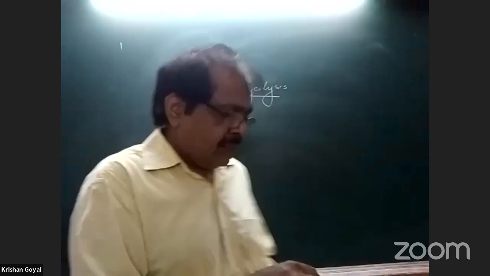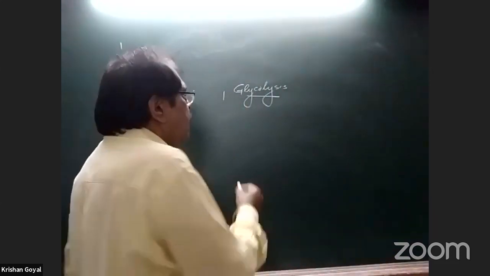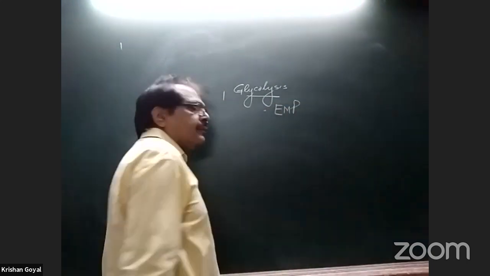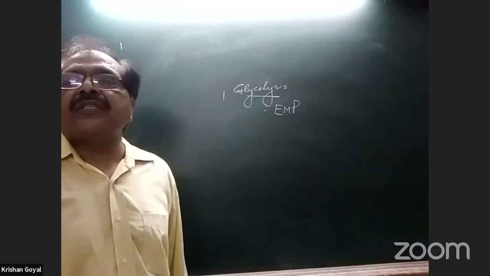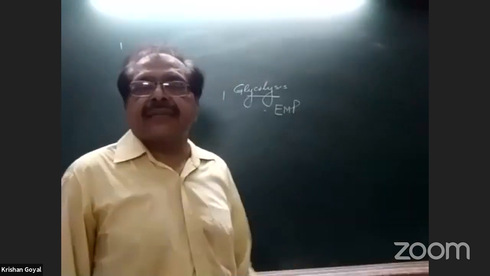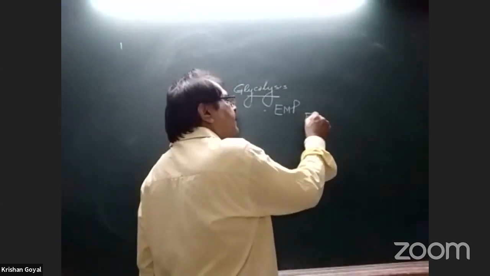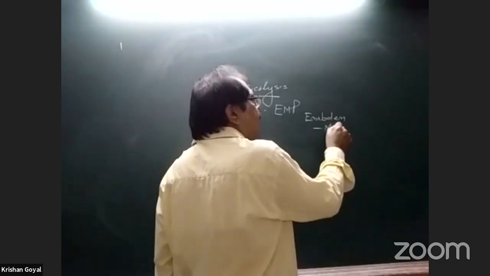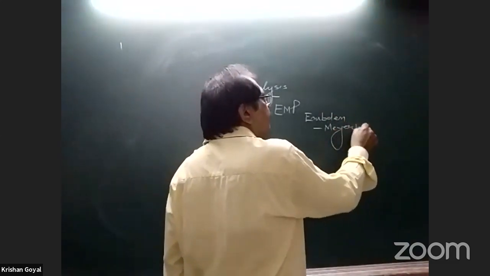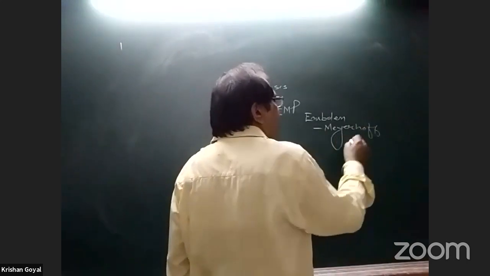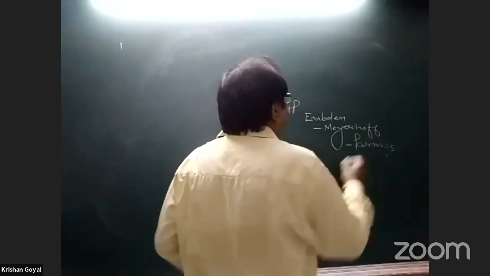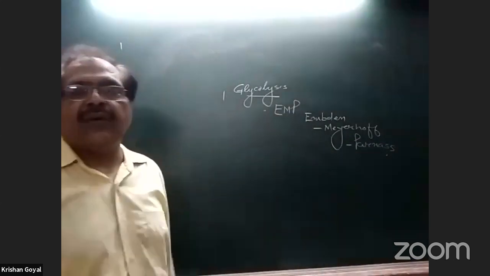First, it is also called the EMP pathway because it was proposed by 3 scientists: Embden, Meyerhof, and Parnas. These are the 3 scientists, which is your first question.